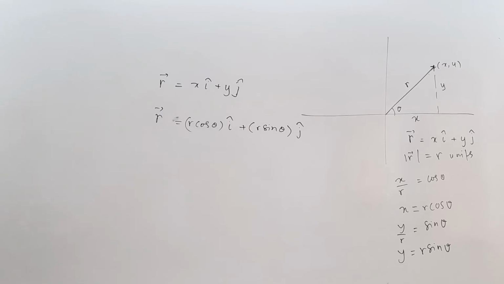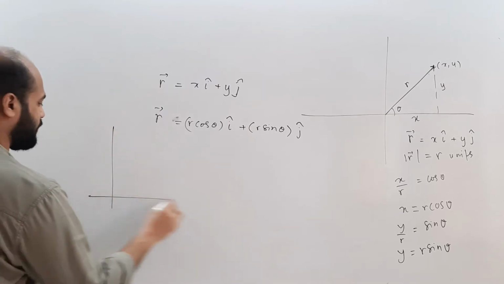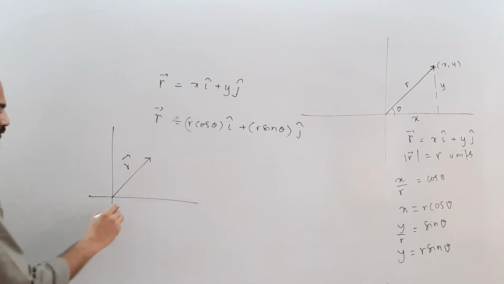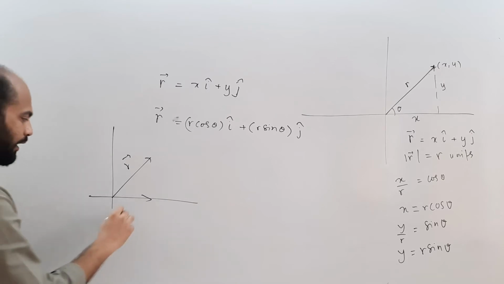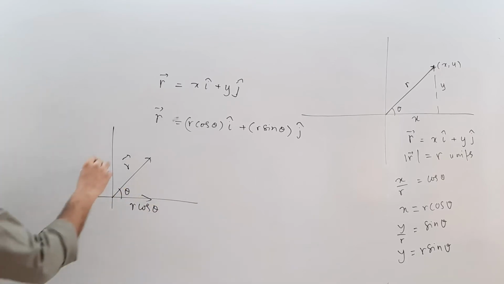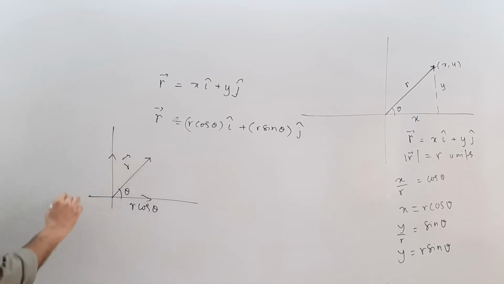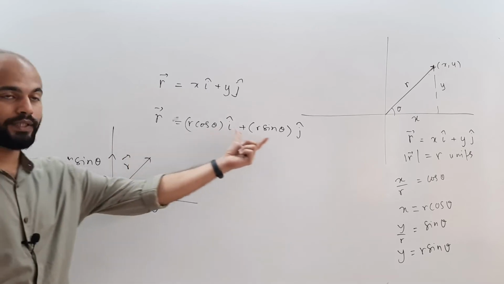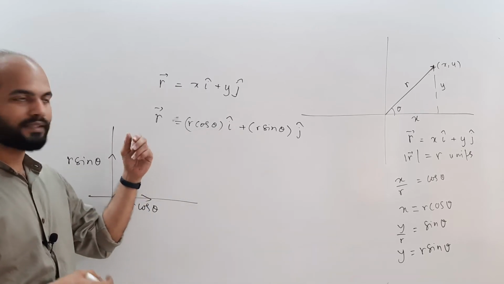So which means that if we are given a vector whose magnitude is r units, then we can find the x component as r cos theta, and the y component of this vector is given as r sin theta. That is what we saw over here. So initially we were just saying it as x and y.